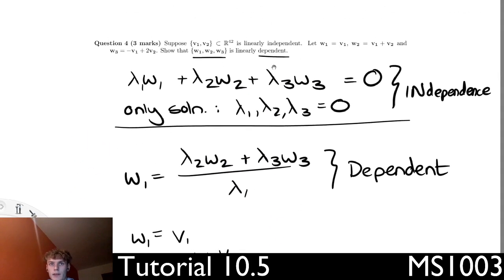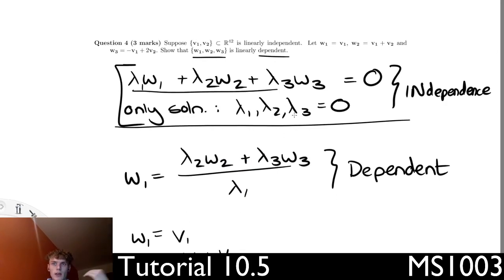If I can't do that, then the only solution to this equation will be lambdas all 0, and that's independent. What I would recommend is sitting down and comparing this question to the question on the sample test and seeing why there's a difference here.